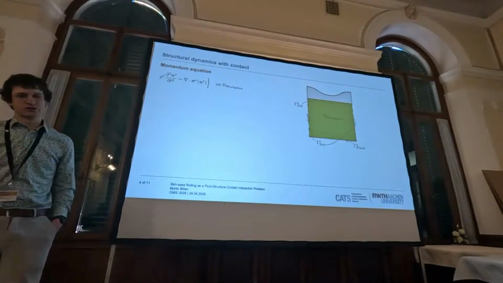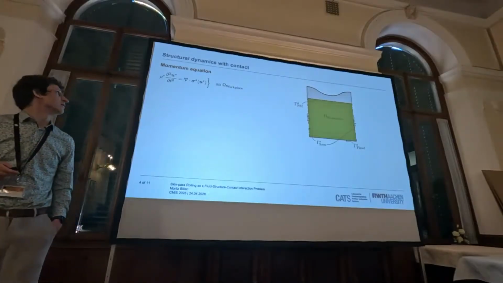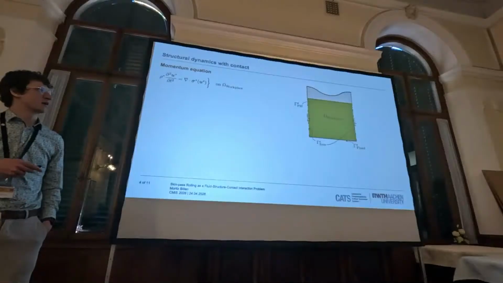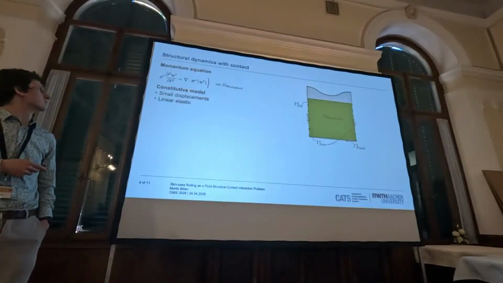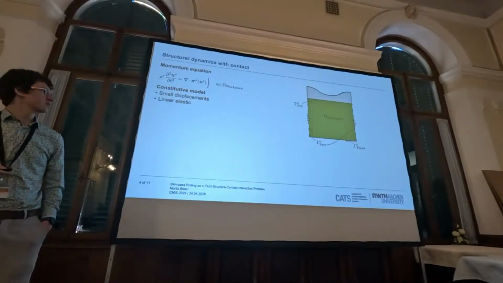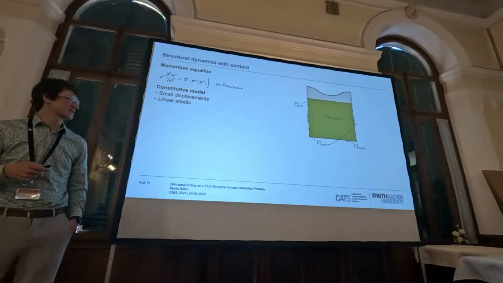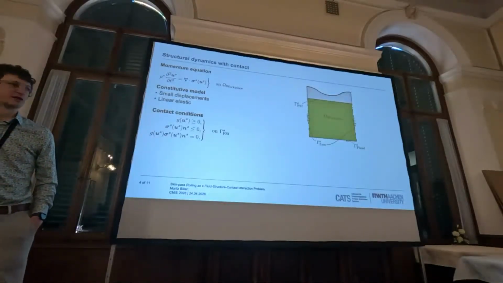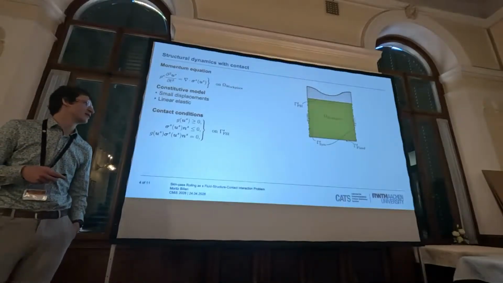Moving on to the structural side, we have the momentum balance on the structure, and here we consider a very simple constitutive model, small displacements and linear elastic, and the contact conditions we have seen a lot of times already.